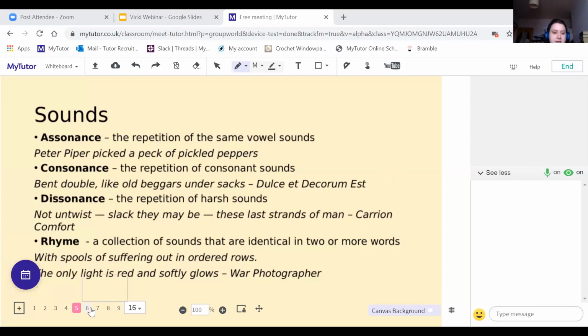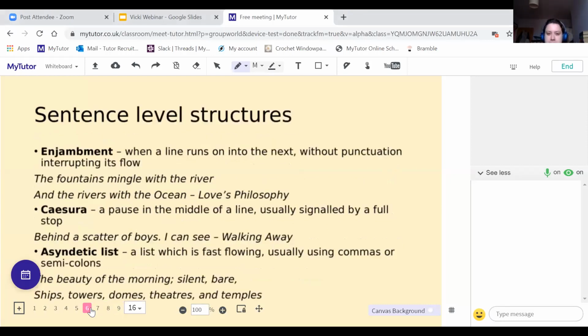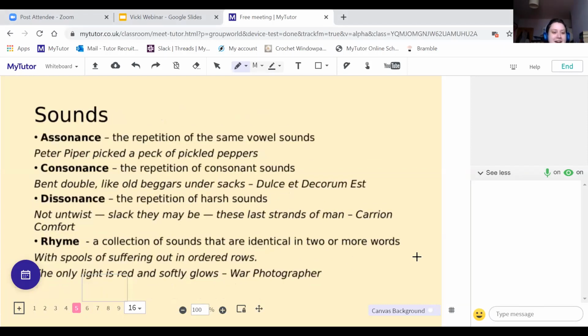Right, so let me just quickly check the chat function. Okay, so plosive is a dissonance, arguably, but dissonance is not plosive. Right, okay. Yeah, you could say dissonance as well, because they are harsh sounds, because you are impeding the airflow.